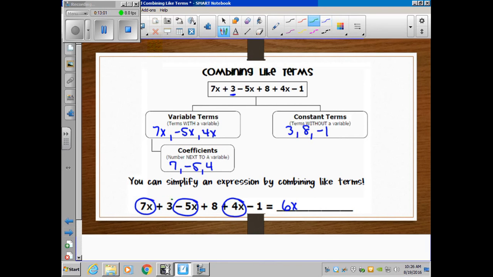The constant terms are 3, positive 8, negative 1. So 3 plus 8 is 11, and 11 minus 1 is 10. Now you've combined like terms and simplified your expression. Let's try some more.